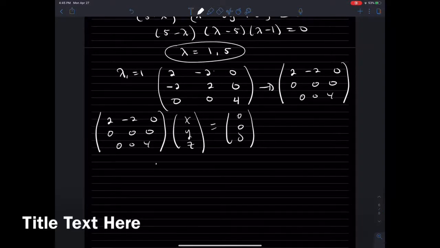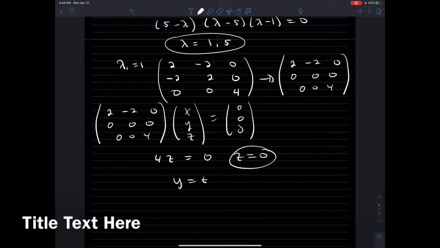So we have the last line, 4z equals 0, so z is equal to 0. We see that, right? My second line, there's nothing to grab from it, so I'm going to call y equals t. There's my parameter. And then my first line is going to be 2x minus 2y equals 0. So 2x minus 2t equals 0, 2x equals 2t, x is equal to t.